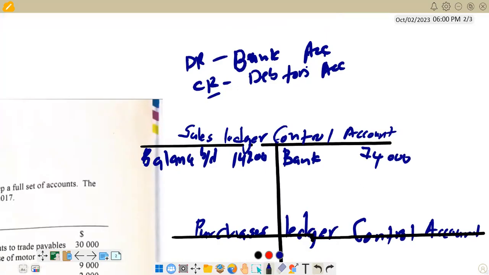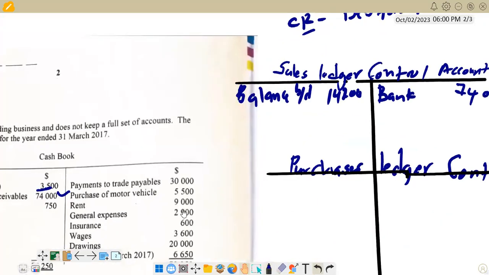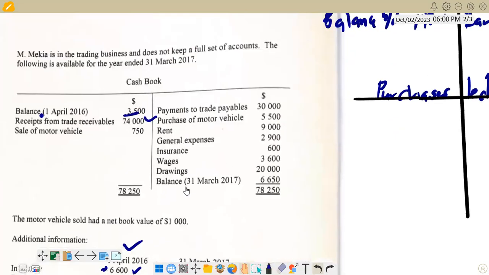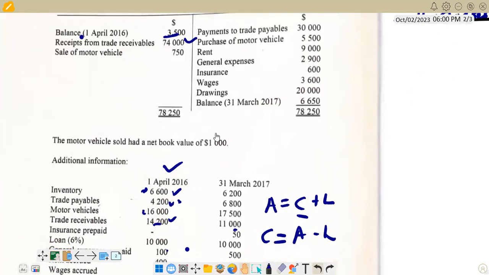Right. Then we check if there is any other amount that we need to enter there, but we don't have much in the information that we have. So I think we are only left with the closing balance of the trade receivables. If you check here, trade receivables closing balance is 11,000.